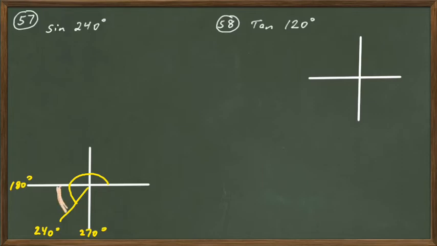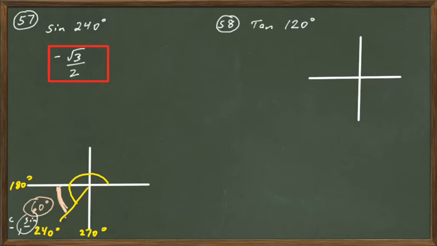The reference angle, going from the terminal side to the x-axis, is always acute. 240 minus 180 leaves me with 60 degrees. So I look up the sine of 60 degrees. Sine of 30 degrees is 1/2, so sine of 60 degrees is radical 3 over 2. In this quadrant, it's negative: cosine, sine, so the sine should be negative.